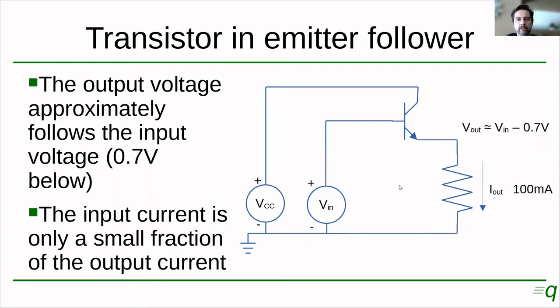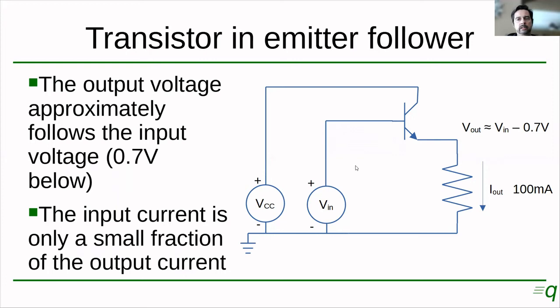Okay, so let's try to figure out what the voltages and currents are here. The output voltage is easy, right? Because we said that the base-emitter terminals work as a diode. So if there's actually current flowing here, we have 0.7 volts at this point, less than what we have at the base.